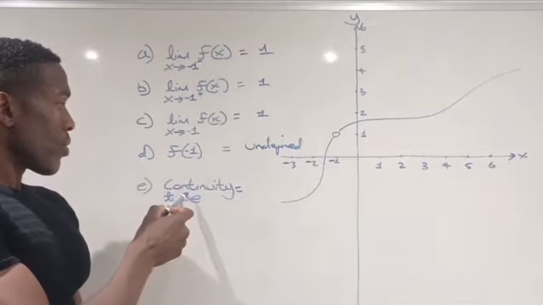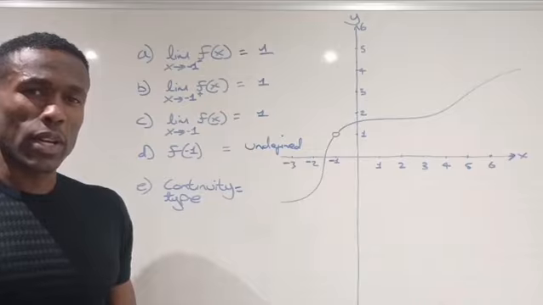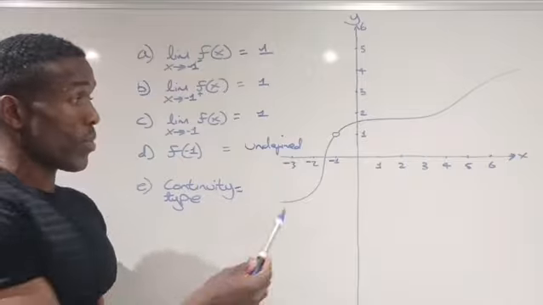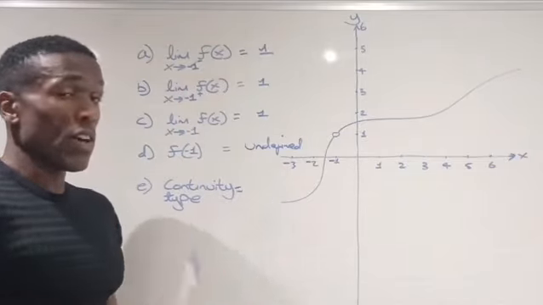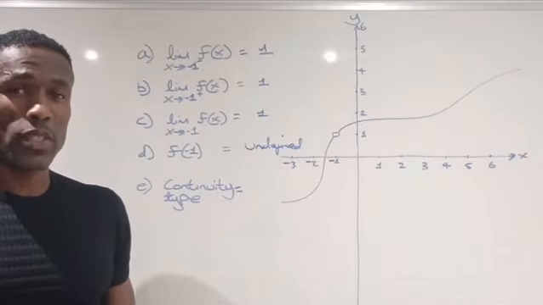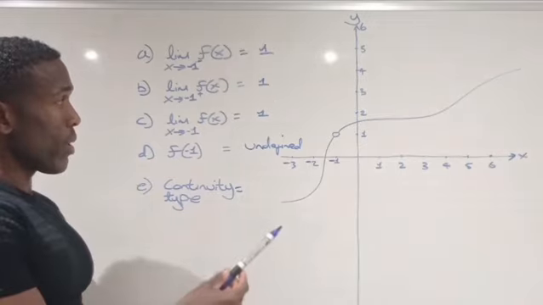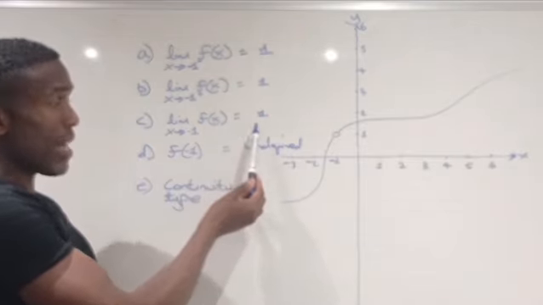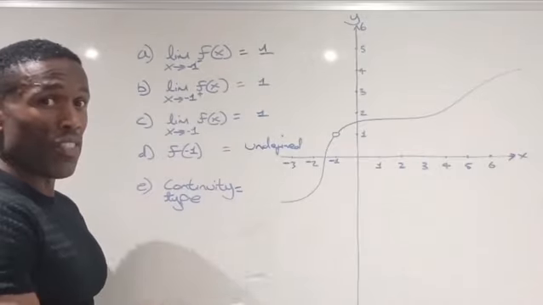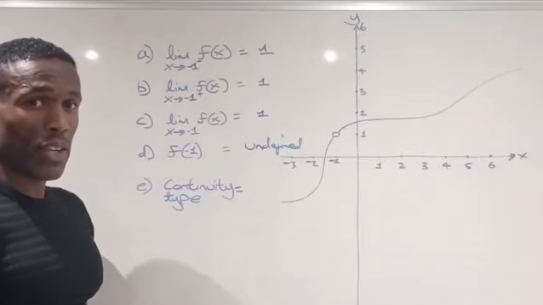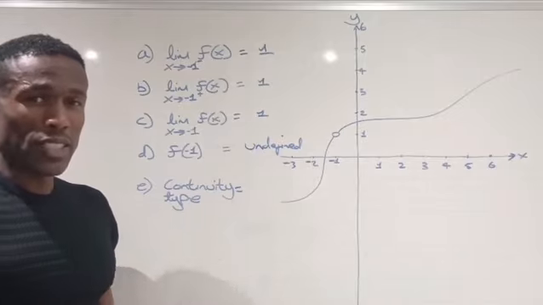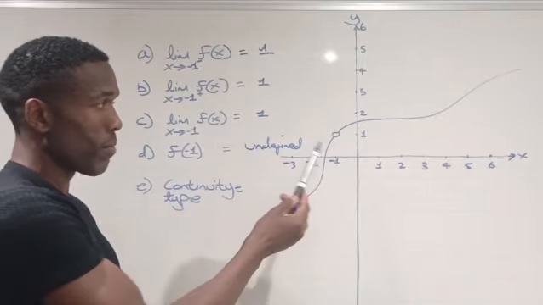And finally, what's the continuity type of the function when x equals -1? Well, the function's not continuous, it's discontinuous. The reason we know that is because the limit and the function's value aren't the same at that given x value. So here, the function is discontinuous when x equals -1.